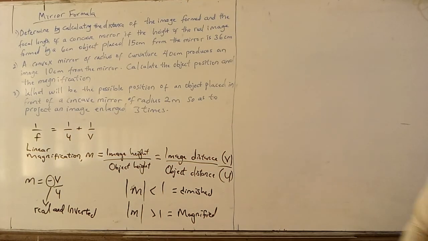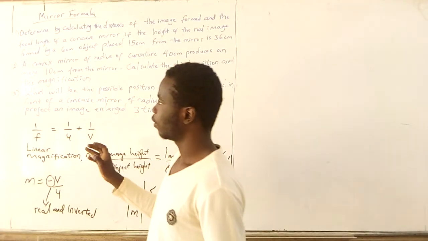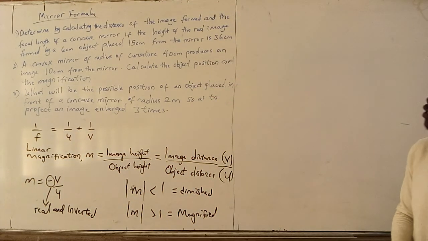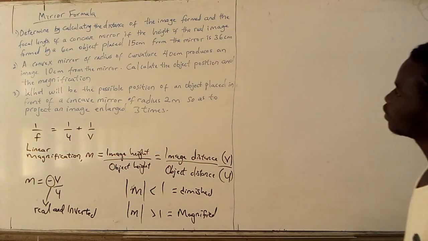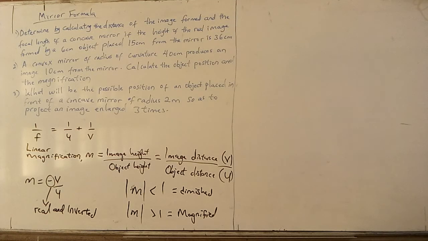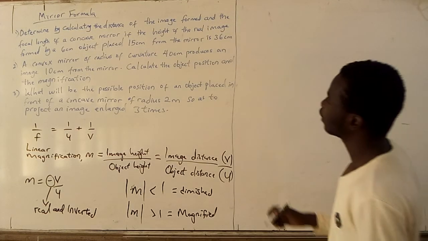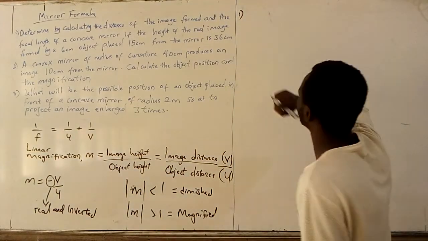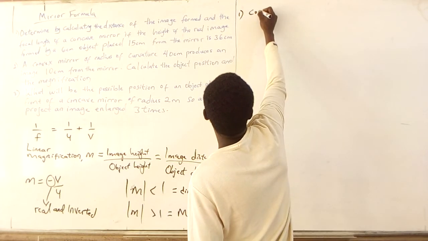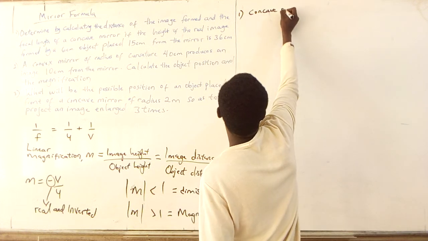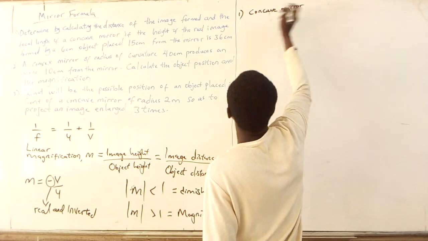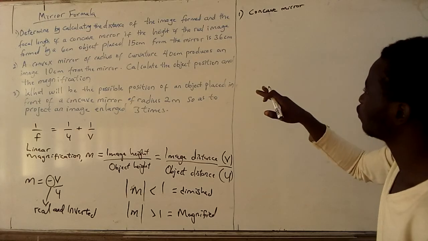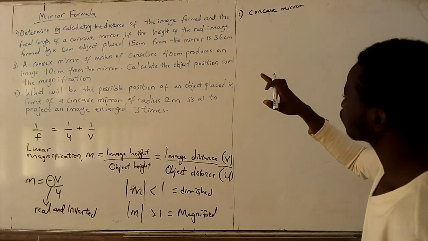The first question is: determine by calculating the distance of the image formed and the focal length of a concave mirror. So here we are solving for a concave mirror. You can go back to the sign convention for real is positive and see what we are going to do here.